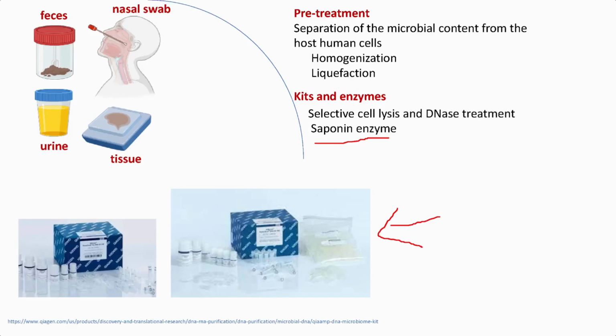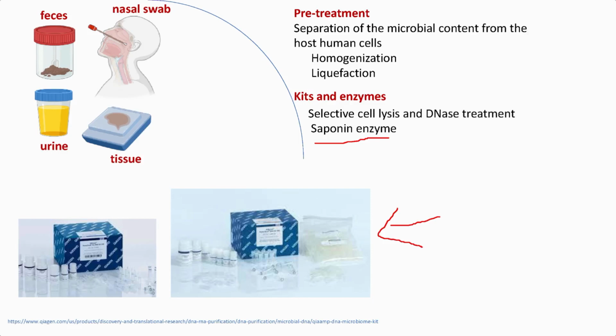As mentioned in the previous slide, the collection, the storage, and how the human host DNA is depleted play a big role in the data that we finally get. An important enzyme being used is saponin.